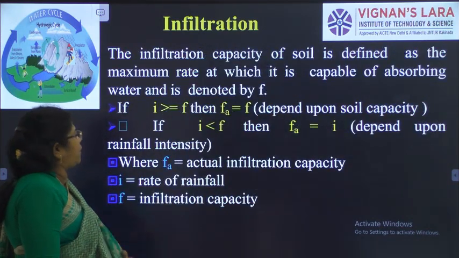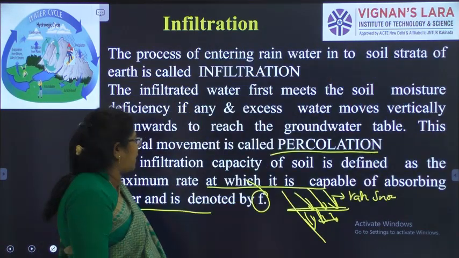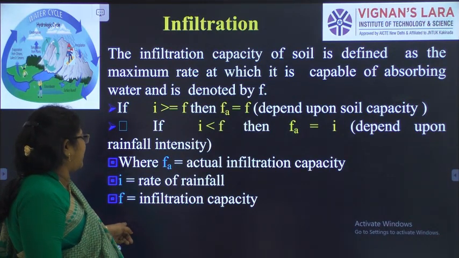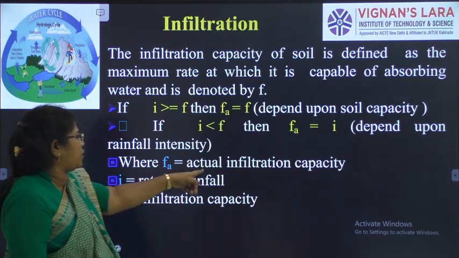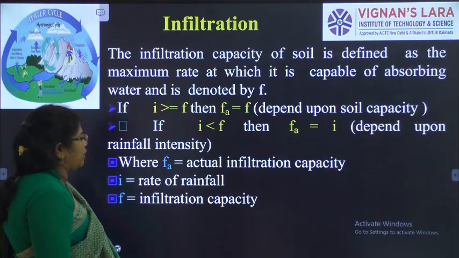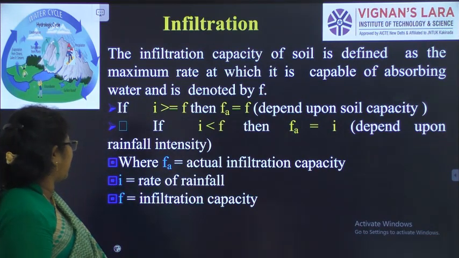If I is less than F, then FA is equal to I, it depends upon the rainfall intensity, where FA is the actual infiltration capacity, I is the rate of rainfall and F is the infiltration capacity.